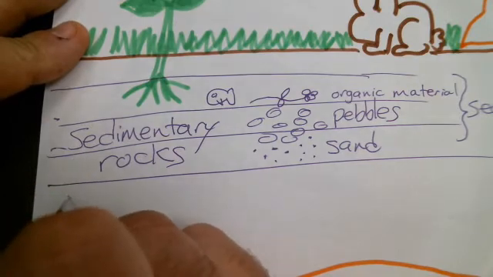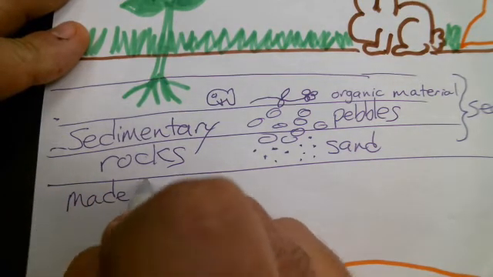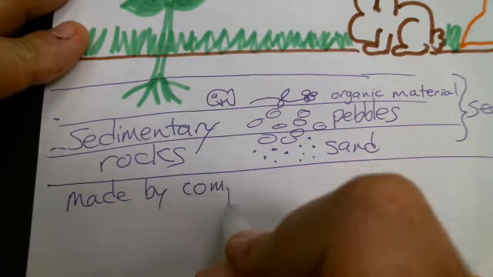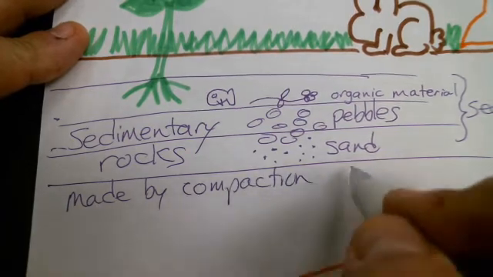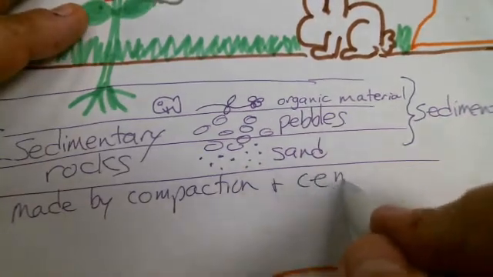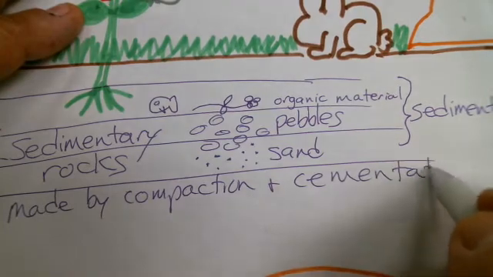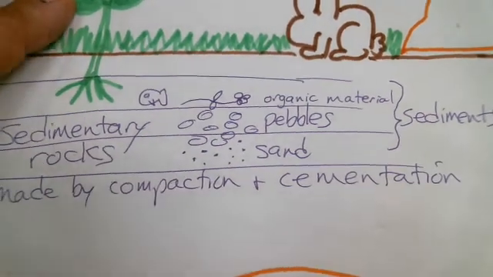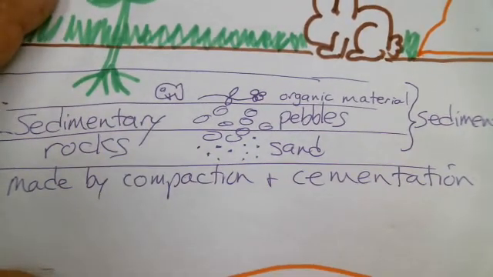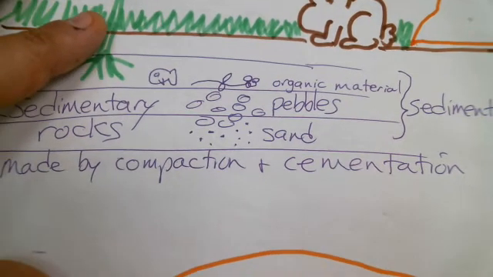So we have to write down made by compaction and cementation. Okay, that's the main stuff that you need to know about sedimentary rocks. Let's go on to another kind.